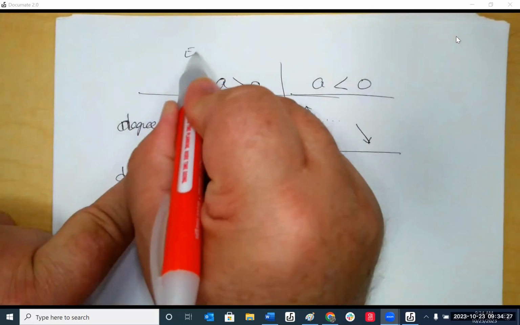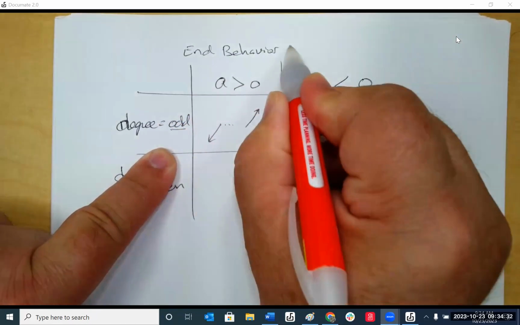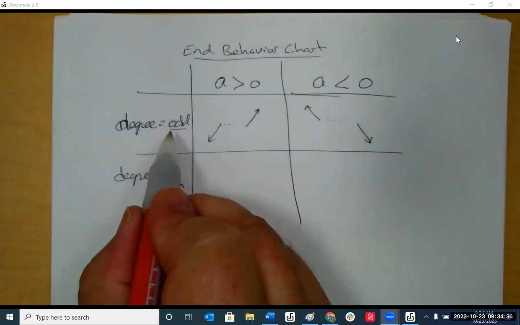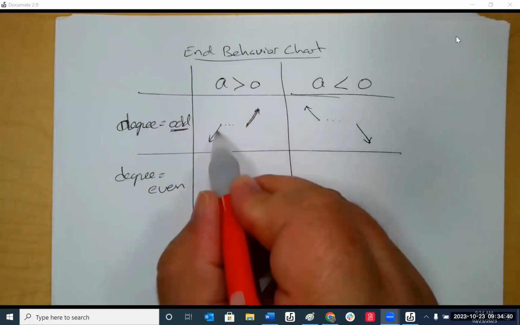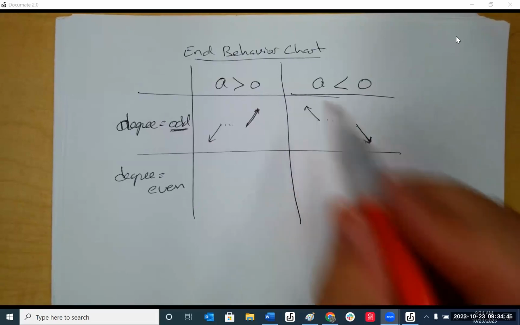This is just the end behavior chart. So if it's an odd degree and A is positive, it goes up to the right, down to the left. If A is negative, it goes down to the right, up to the left.